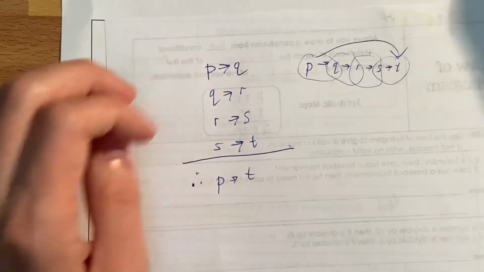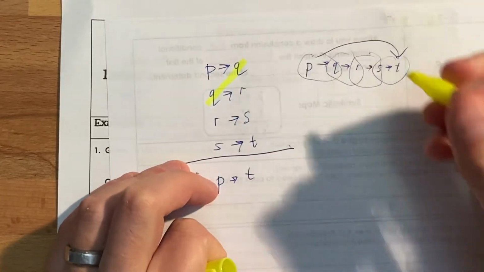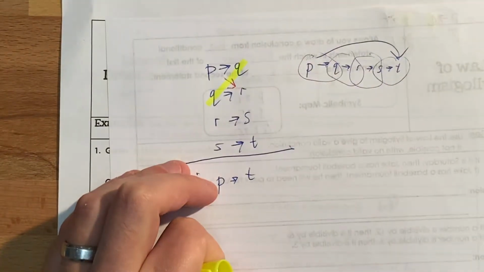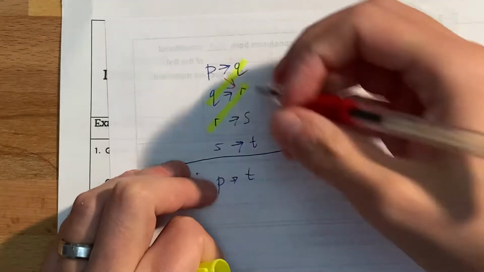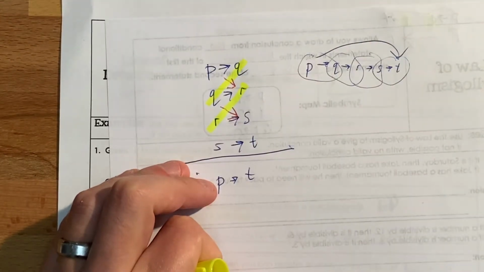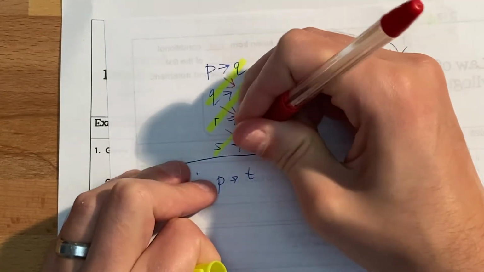So as long as these ones match, you can just go straight across, right? These ones matched, so you could just go straight across. These ones match, so you could just go straight across.